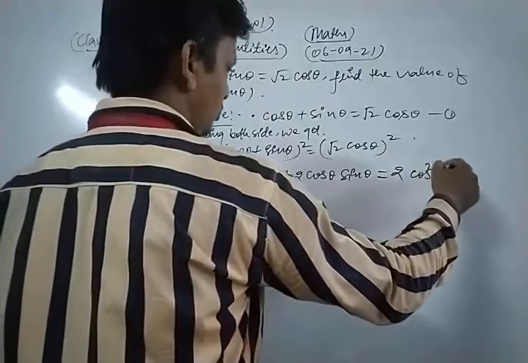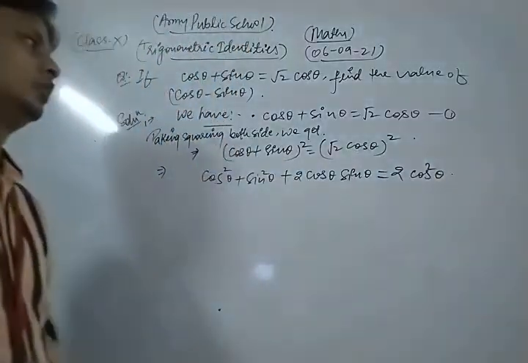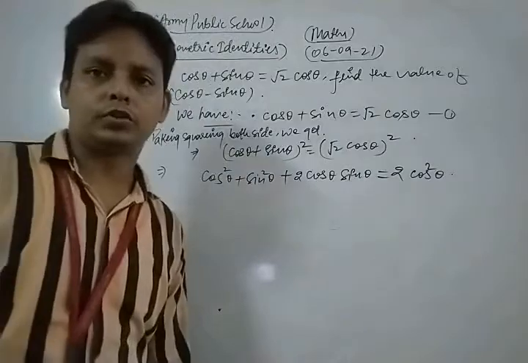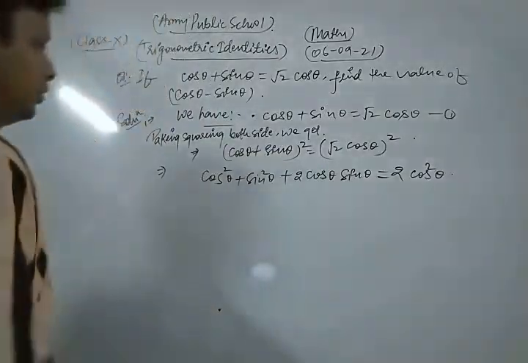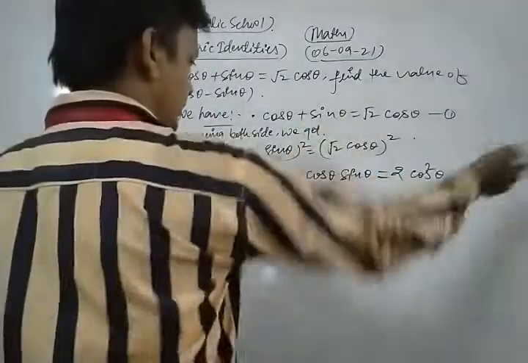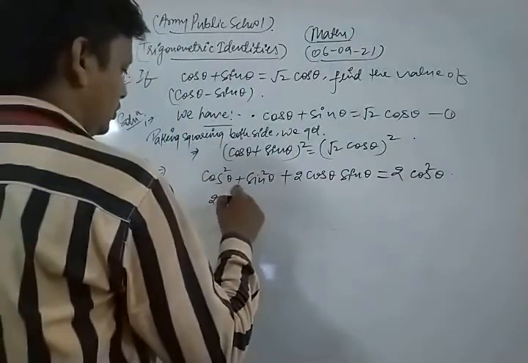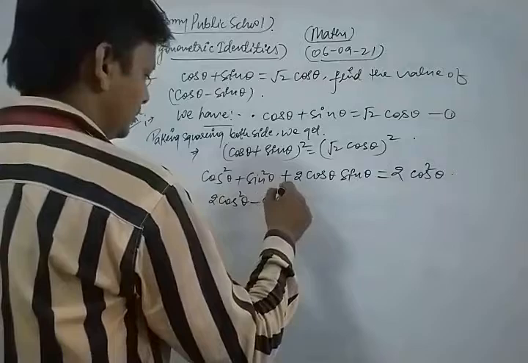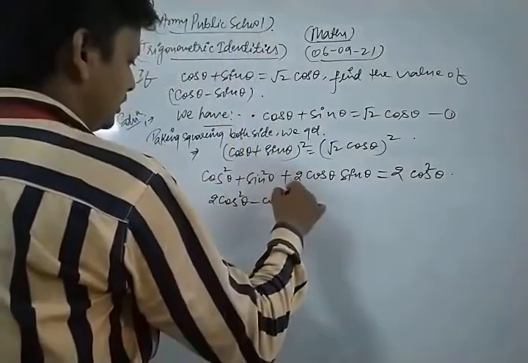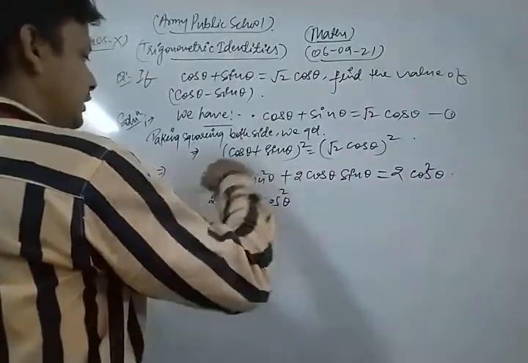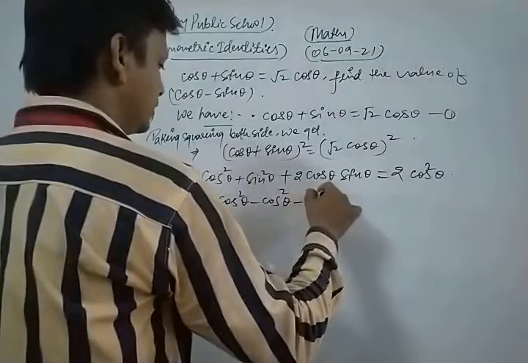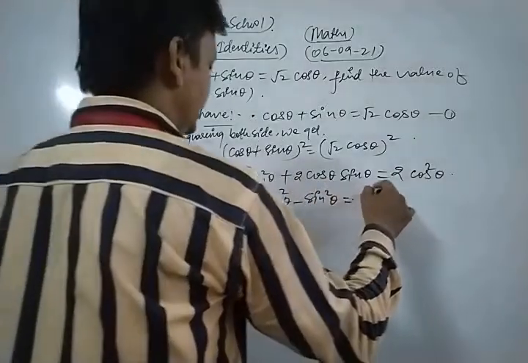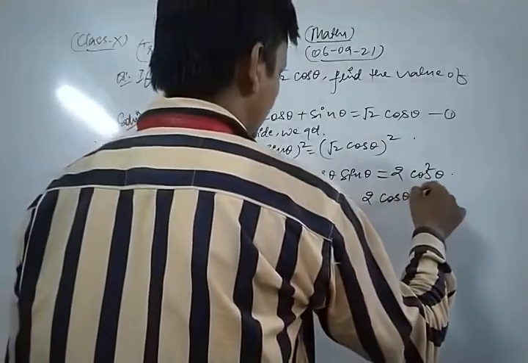times cos square theta, so 2 cos square theta. Now look, we transfer cos square theta to the other side, so we get 2 cos square theta as it is, minus cos square theta. We also transfer sin square theta to that side, so minus sin square theta, and here it is 2 cos theta into sin theta.